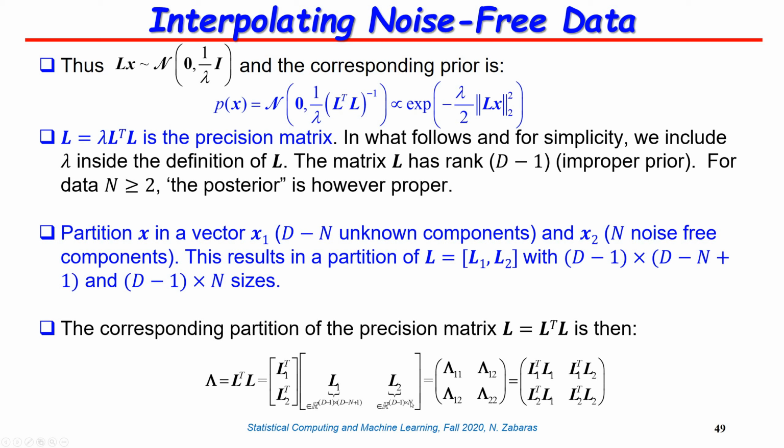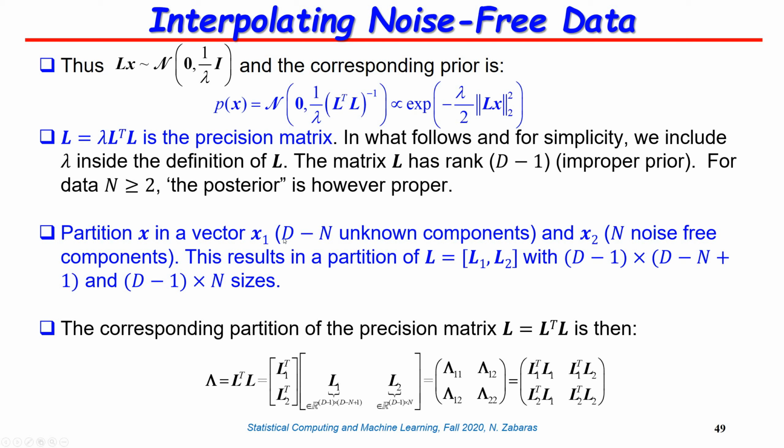All right, so let me assume that I am partitioning the way we did with a multivariate Gaussian. I partition my vector x, the values of the function, into a vector component x1 that has d minus n unknown components, where d is all of my components and n is the components where I know the values of x. Those values are x2, the locations where I provide noise-free values for my function.